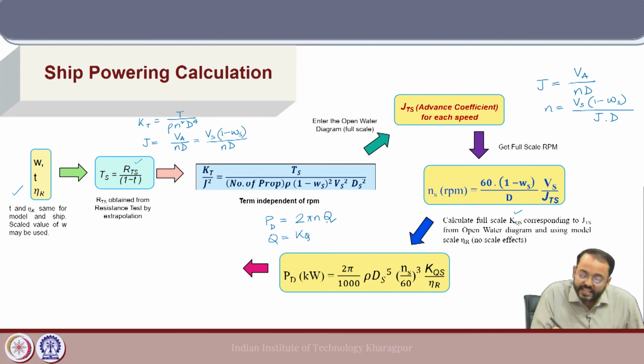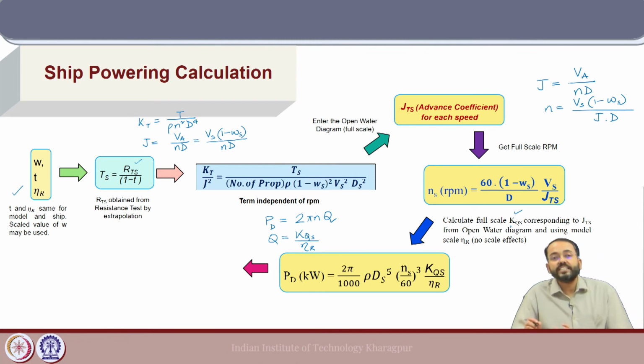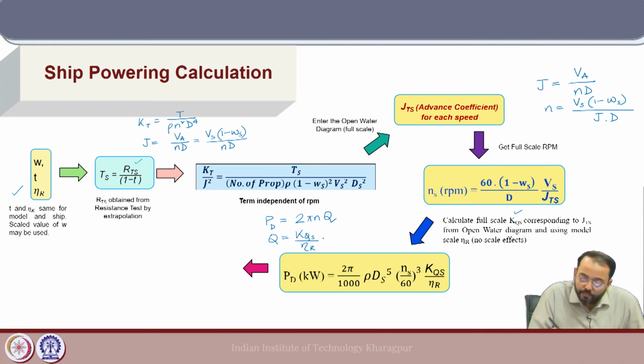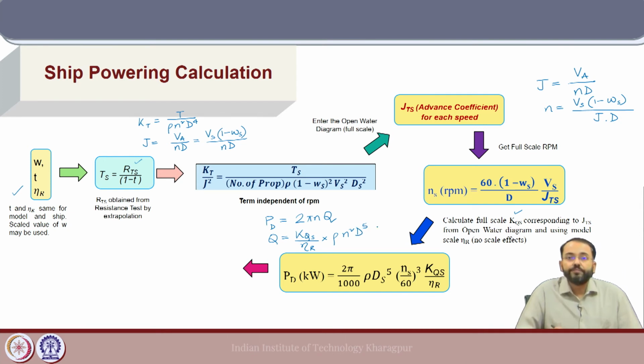So, it will be KQS by eta r, because we have calculated this KQS using this JTS from the full scale open water diagram, multiplied by rho n square diameter to the power 5. If we multiply this Q with 2 pi n, we will get this particular equation for PD.